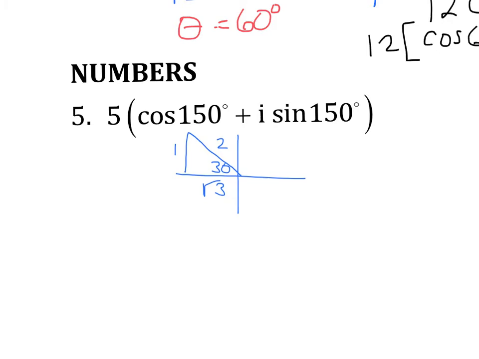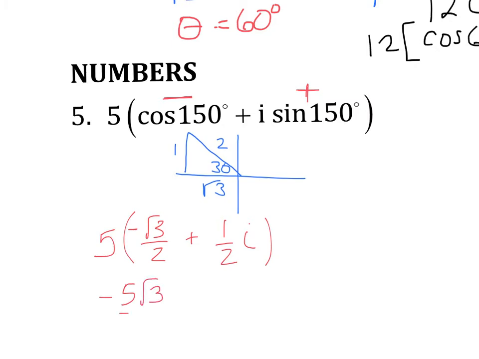You're in the second quadrant, so your cosine is negative, your sine is positive. So this just ends up being 5 multiplied by negative root 3 over 2, plus 1/2 i. Distribute that out, I get negative 5 root 3 over 2 plus 5 halves i.